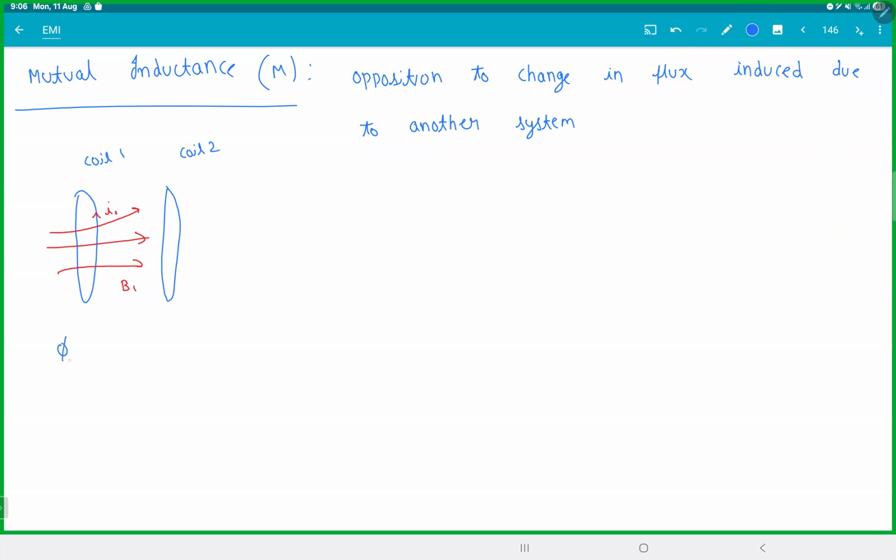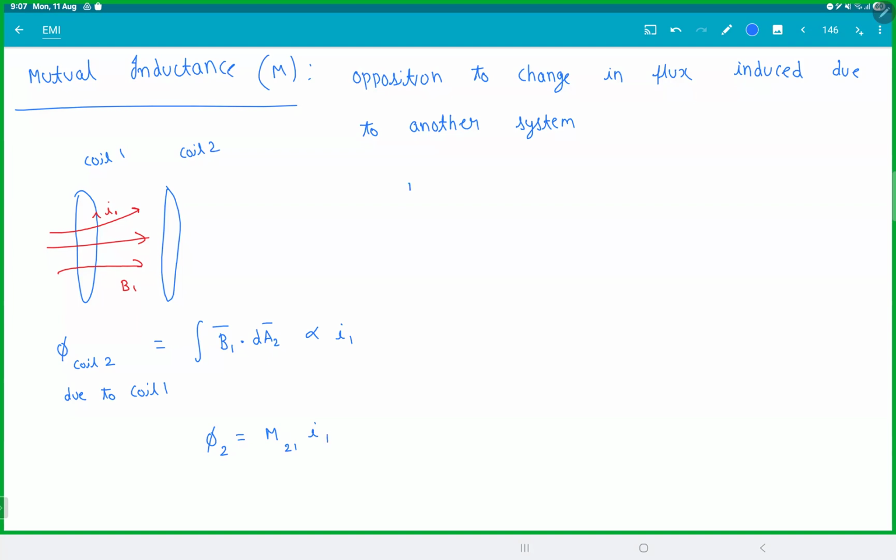So flux in the second coil will be the integral of the magnetic field due to the first coil dot area of the second coil. Now, we can't calculate this value exactly, but one thing I'm sure, this will be proportional to I1. Because the more current you send, the more magnetic field you get and the flux will increase more. So from here we can say the flux on coil 2 will be mutual inductance, we call it M21, into I.